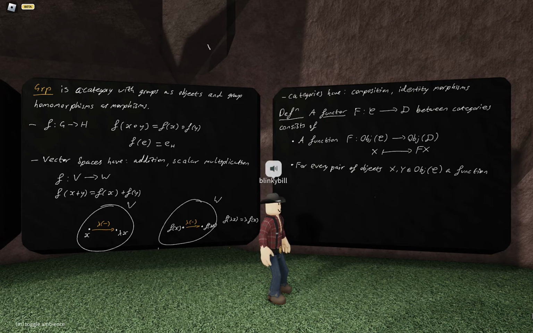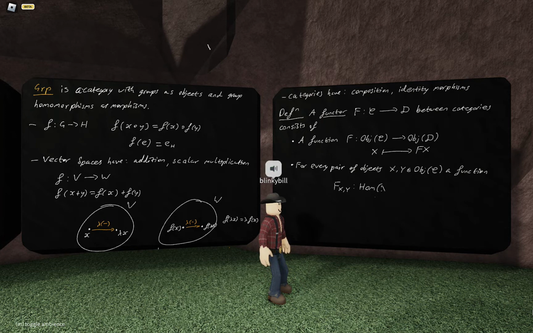So it's not really two functions, it's a lot of functions. You have a function for every pair of objects, and if you're being technical, you put the subscript of the two objects there to be rigorous about this, but you'll immediately drop it in practice.